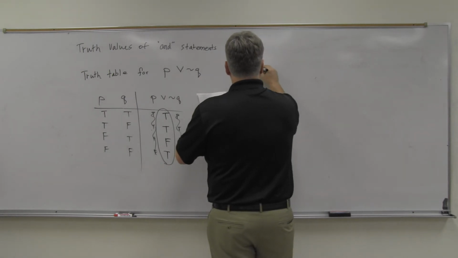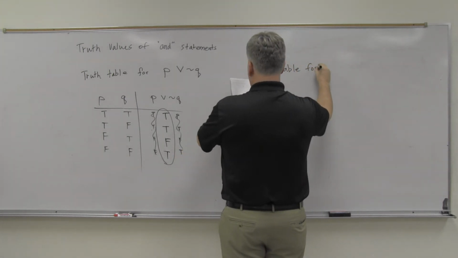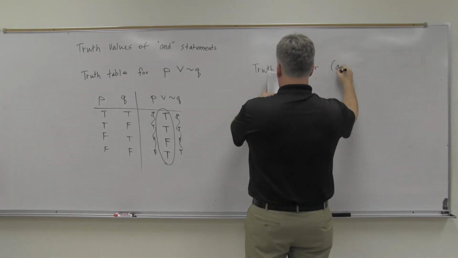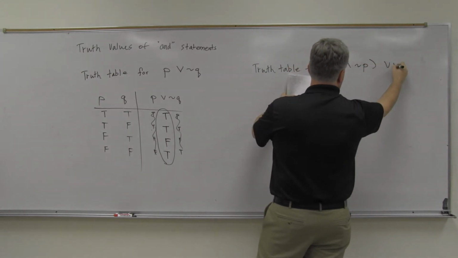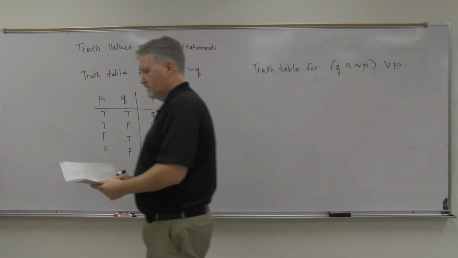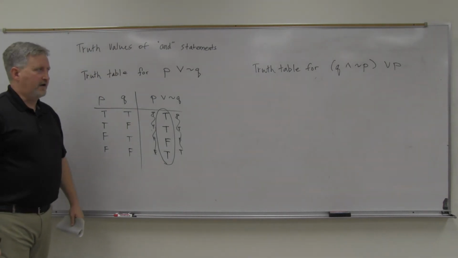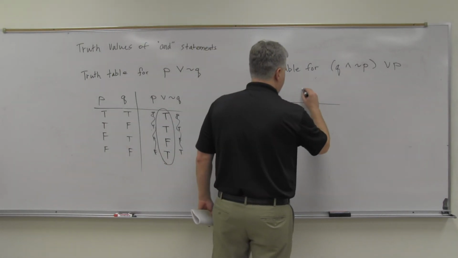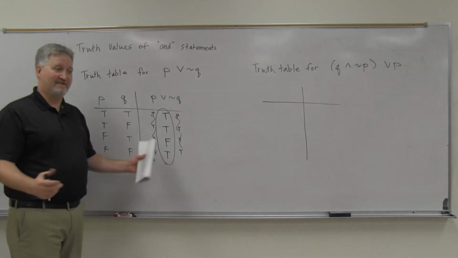All right, so let's do the truth table for parentheses Q and not P, parentheses or P. So like I said, if we just have P's and Q's, next time we'll talk about throwing in an R statement.